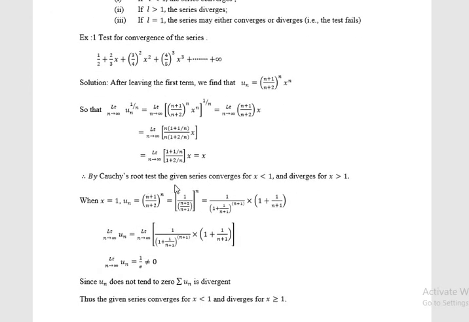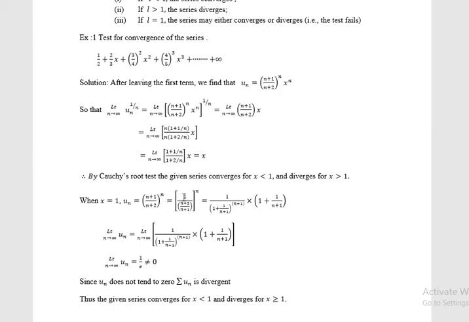Therefore by Cauchy's root test the given series converges for x less than 1 and diverges for x greater than 1. And also when x is equal to 1, the nth term of the series is ((n+1)/(n+2))^n.